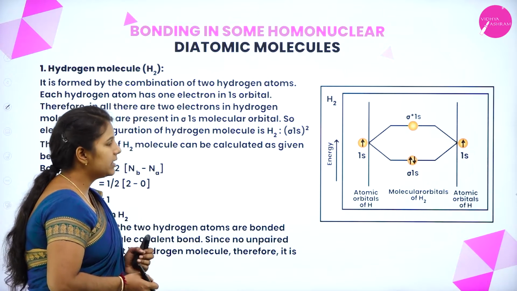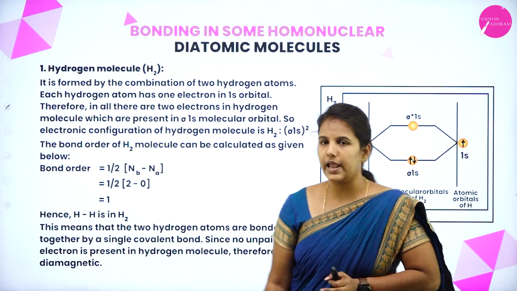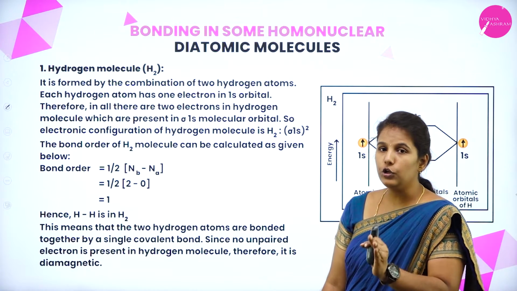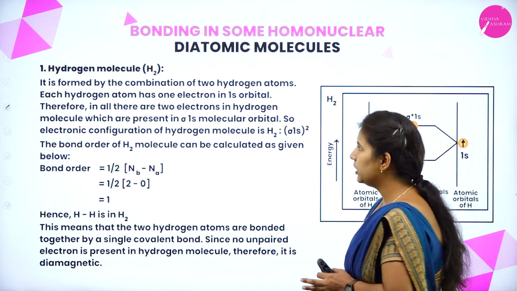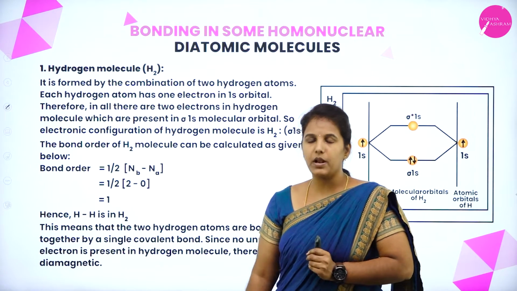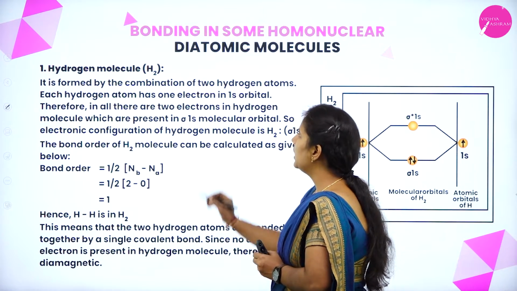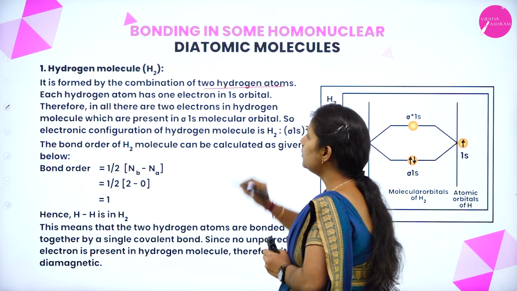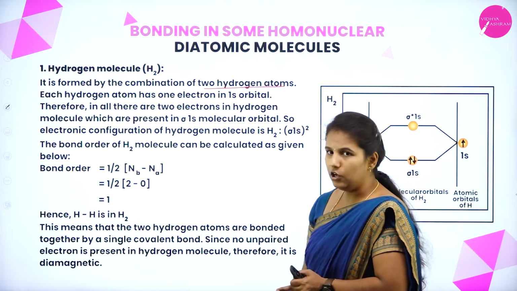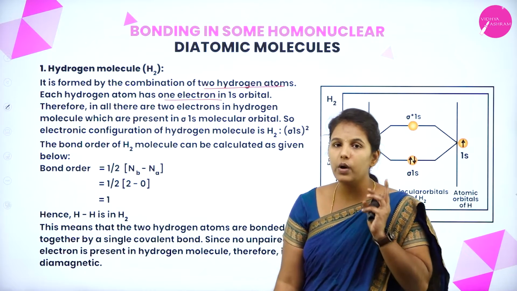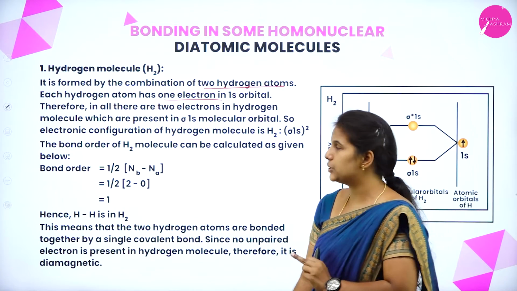Okay, now let us take the first example, bonding in a homonuclear diatomic molecule. I have taken the example of the hydrogen molecule. It is formed by the combination of two hydrogen atoms. We know that each hydrogen atom has one electron in its valence shell.